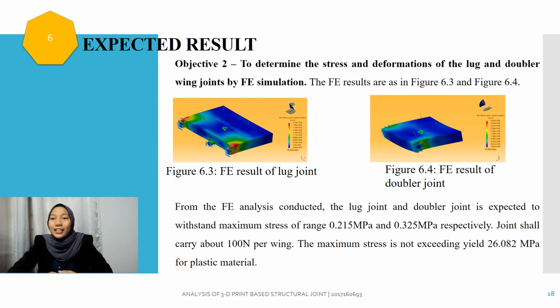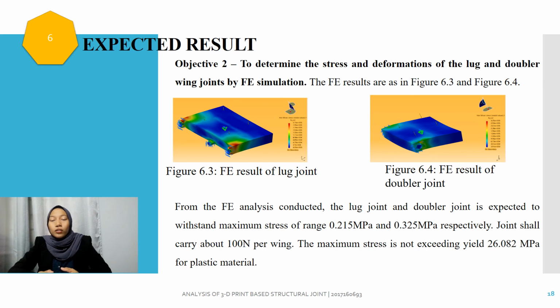Objective 2, to determine the stress and deformation of the lug and double wing joint by FE simulation. As I mentioned before, from the FE analysis conducted, the lug and double joint are expected to withstand maximum stress of 0.215 megapascal and 0.325 megapascal respectively.